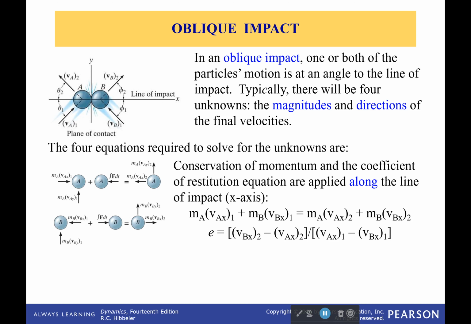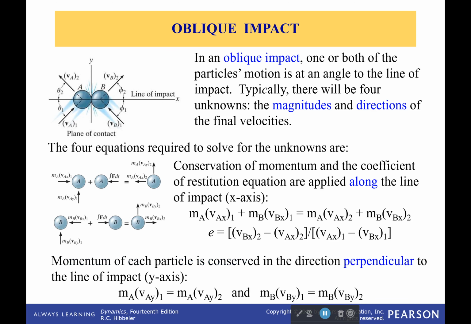So that's good. What about the y direction? Well, in the y direction, the momentum of each of the particles is conserved individually. So the momentum in the y direction of particle A is going to be the same before and after impact, and the same for particle B.